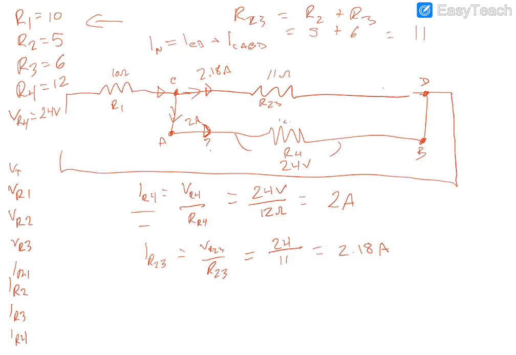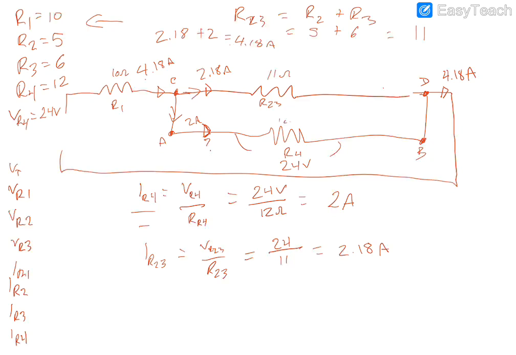So 2.18 plus 2 is 4.18 amps. We know that we're going to have 4.18 amps here. It's entering and then leaving, and then we'll have another 4.18 amps coming back out here.